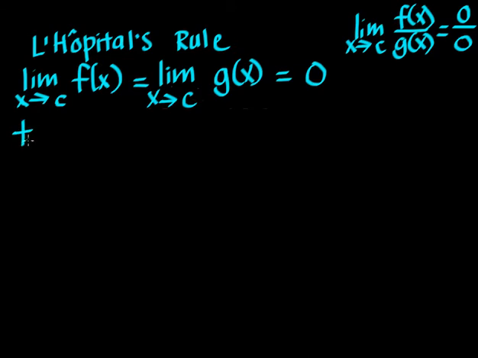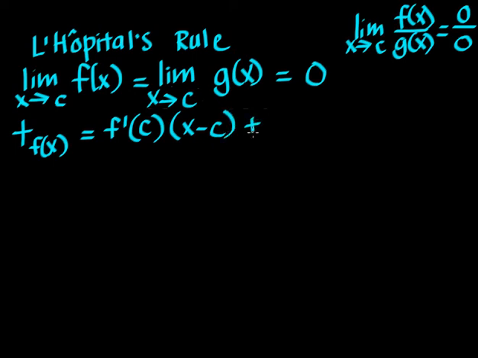So we have the tangent of f of x, which equals, if you recall your slope-intercept form, the slope, which would be the derivative of the function f of x at point c, multiplied by x minus c, which is the x point, plus whatever our y value is at that point c, which in this case would be f of c.